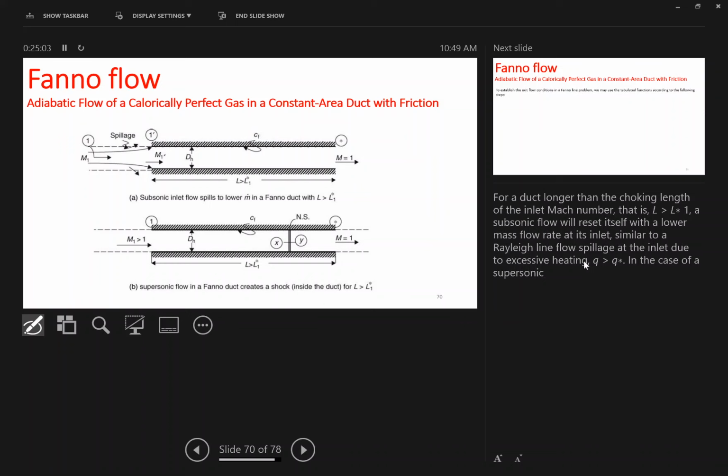Depending on whether it is subsonic or supersonic, it's going to be different. But it will make some adjustment nonetheless, so that your outlet condition is definitely the sonic condition, right? Again, if your length is larger than the sonic length, adjustment will be made so the outlet is going to be the sonic condition. Okay? Are there any questions here?